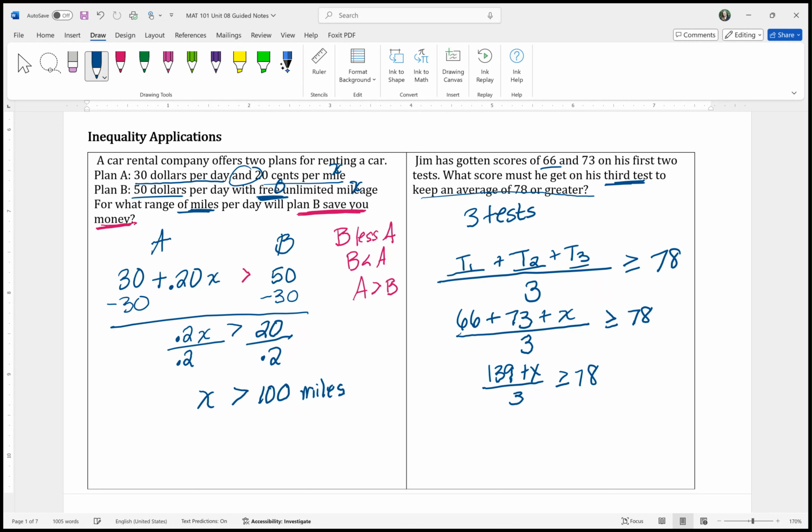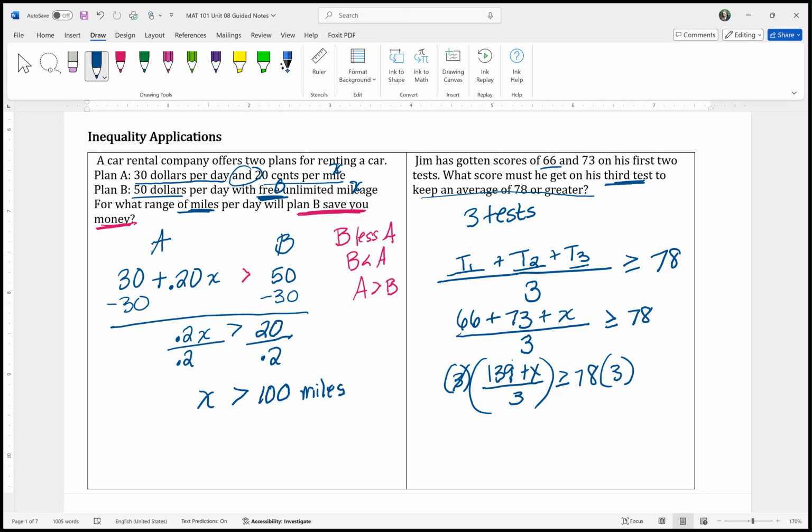Okay, now how do I get rid of the 3? My recommendation, you are dividing by 3 here. I would multiply by 3. And if you do it on one side, you've got to come over here and do it on the other side. Okay, so what does that do?